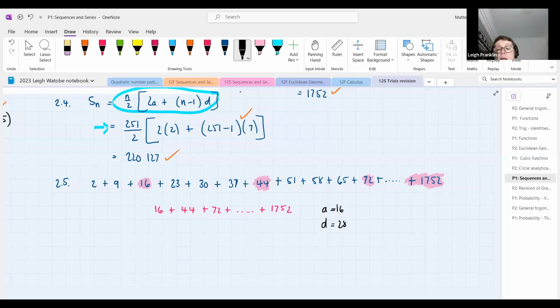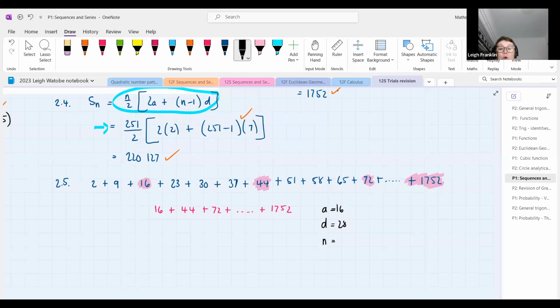And we know that the last term, the nth term in the pattern, is 1752. Do we know how many terms make up this new series? No, we don't. So we don't know what n is.